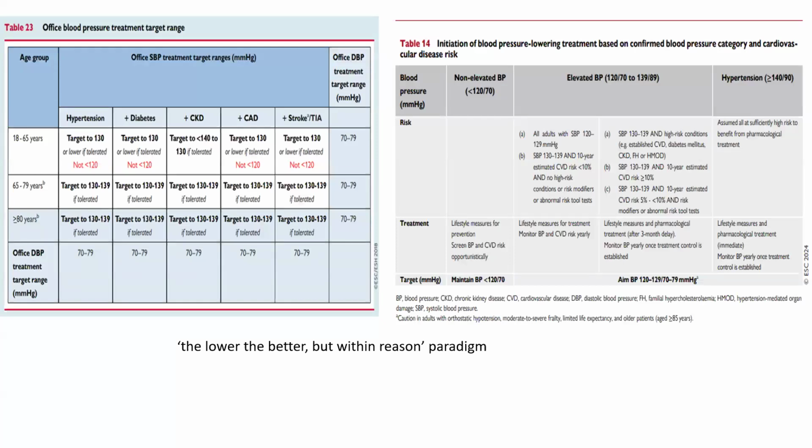In their recent guidelines, they have decreased the target, and the target for antihypertensive treatment is about 120 to 129 systolic by 70 to 79 diastolic. So they have also brought down the target, and the paradigm is called the lower the better, but within reason. So if a patient doesn't tolerate this low blood pressure, we can even target a higher blood pressure.